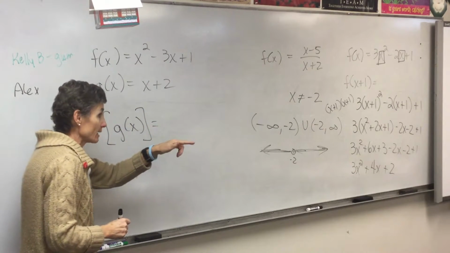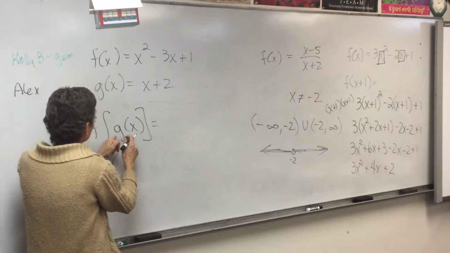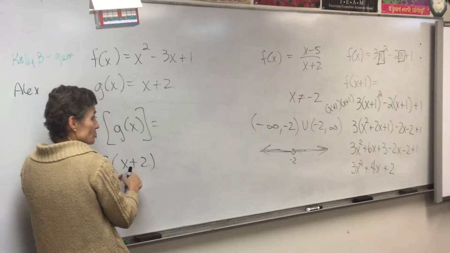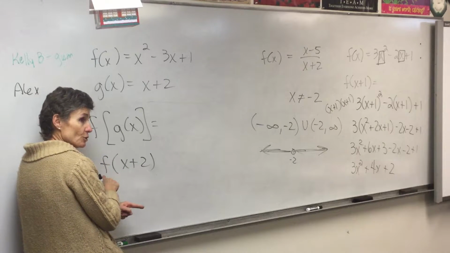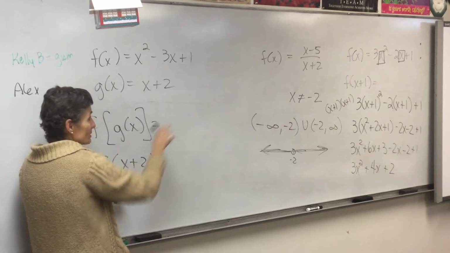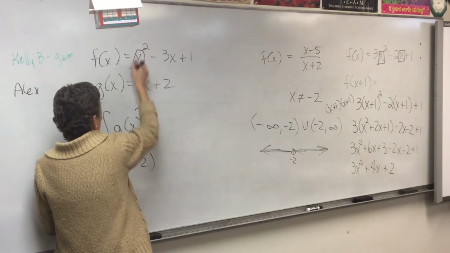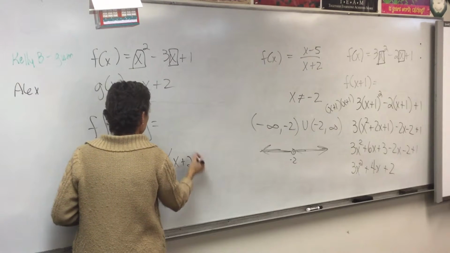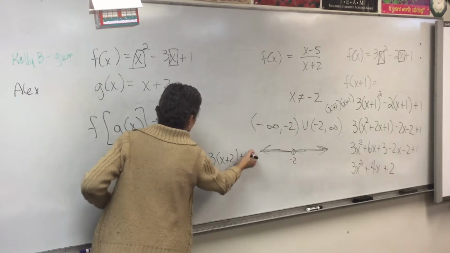Plug g of x into f. So isn't this really saying find f of x plus 2? Because g of x is x plus 2, right? So we're plugging x plus 2 into f. That's what we just did. I'm going to plug x plus 2 in for the x's. So I'm going to have (x plus 2) squared minus 3 times (x plus 2) plus 1.